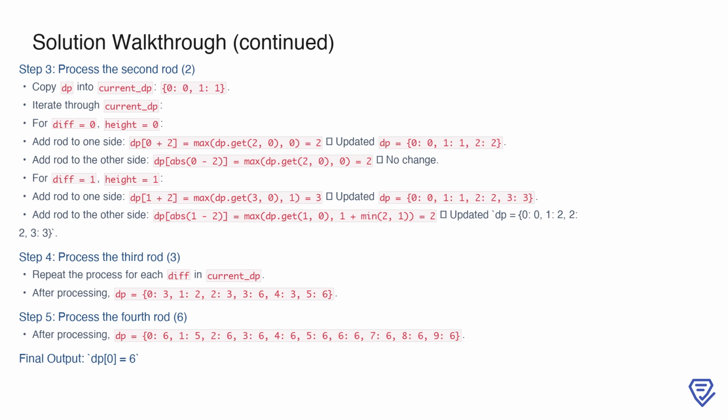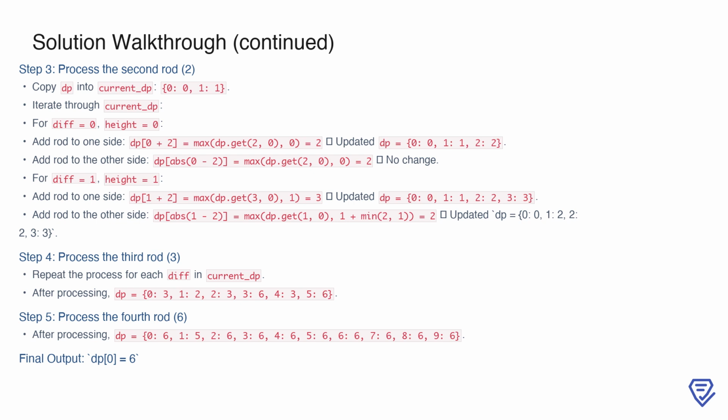For diff equals 1 and height equals 1, adding the rod to one side leads to a difference of 1 plus 2 equals 3, updating dp[3] to 3. Adding to the other side gives abs(1 - 2) equals 1, and we update dp[1] to the maximum height of 2. After processing the second rod, dp becomes {0: 0, 1: 2, 2: 2, 3: 3}.